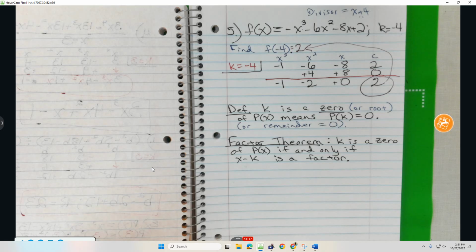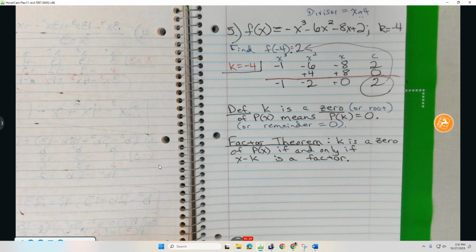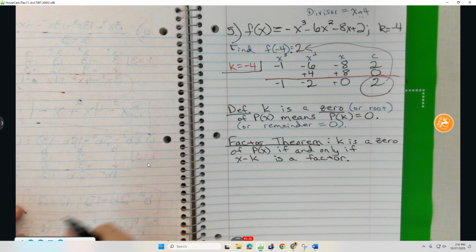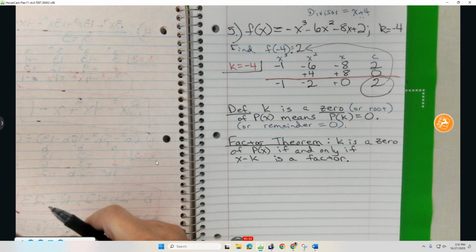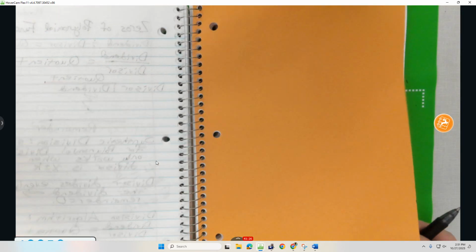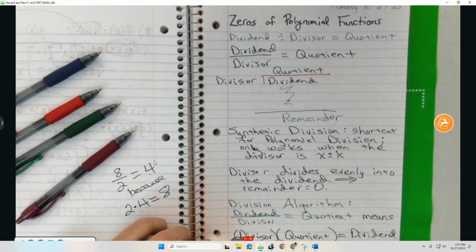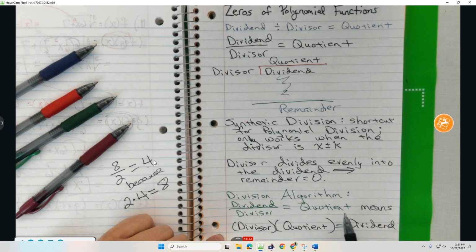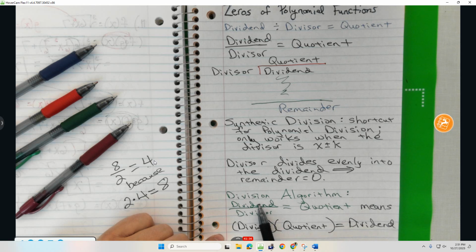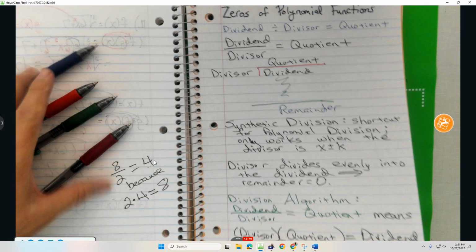And recall the division algorithm. The divisor times the quotient will give you back that dividend. And we're going to use that in order to factor higher order polynomials.